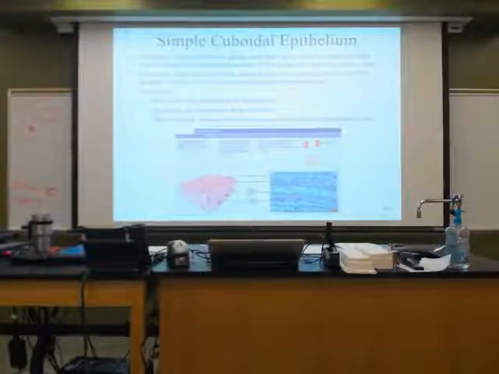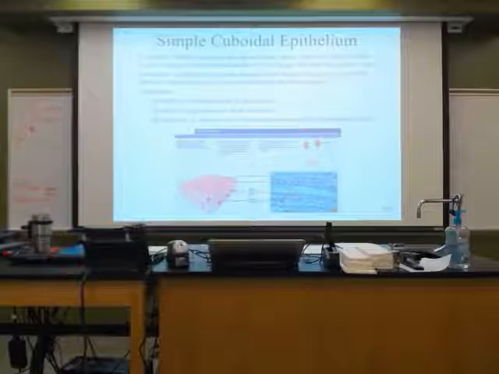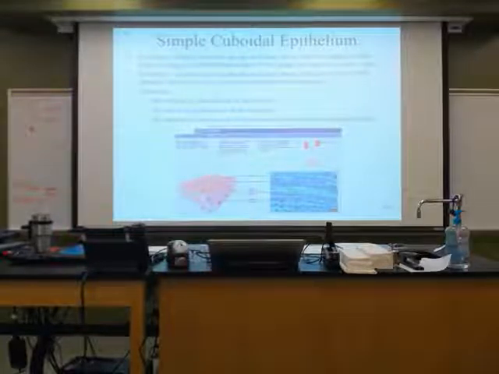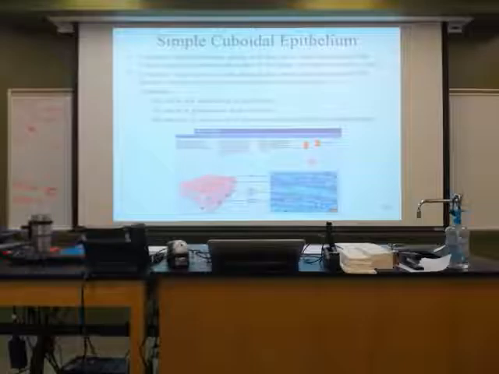Kidney tubes, some of our glands and their ducts, the choroid plexus of the brain. That's going to definitely come back to us because it helps to give rise to our CSF, the cerebrospinal fluid. Terminal bronchioles of the lungs and the surface of the ovaries.